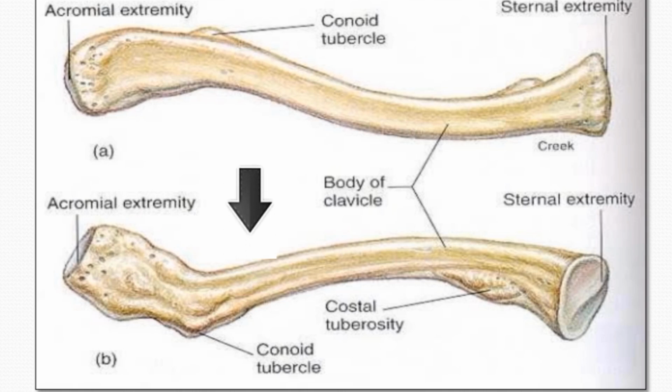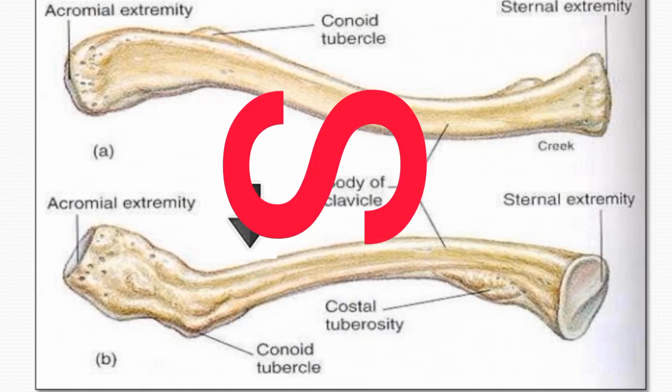When you look at it, it is an S-shaped bone. It's an S-shape, or a double curve. It's curved, concave and convex. This bone has two curves, both concave and convex.